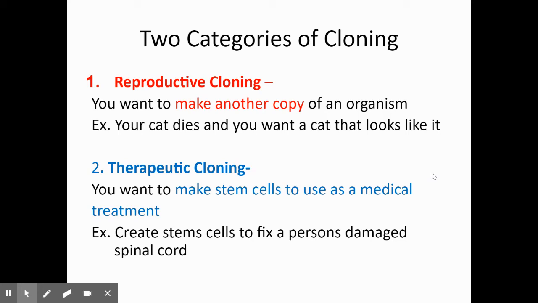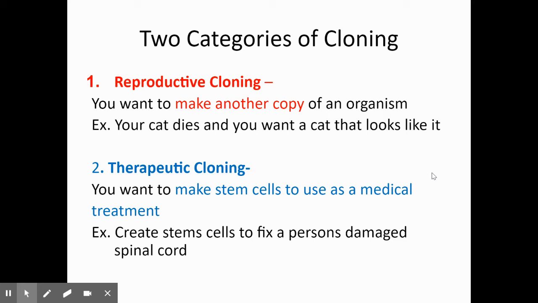The other type of cloning, therapeutic cloning, is where we don't want to make a whole separate organism. However, we want to clone to create cells and then use those cells as a medical treatment. For example, we would want to clone to create stem cells to maybe fix someone who has a damaged spinal cord.